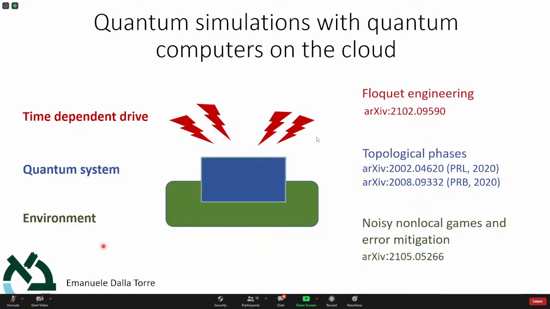So let me conclude by putting up all the references to the works, mentioning the people. That's something I forgot. So I mentioned the students. This Floquet engineering was done by Omri Rosen in collaboration with Guy Landa from IBM.